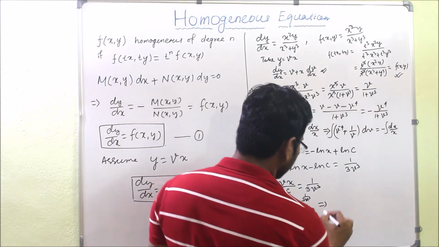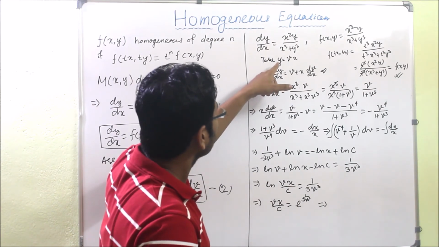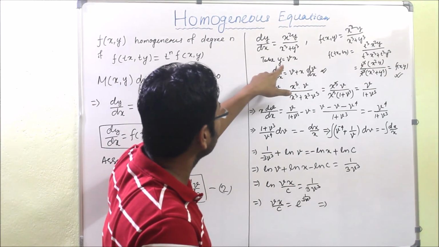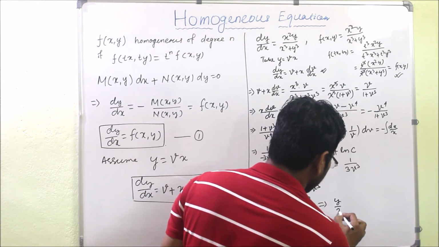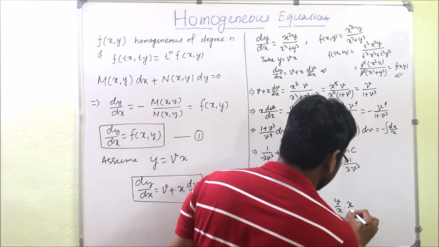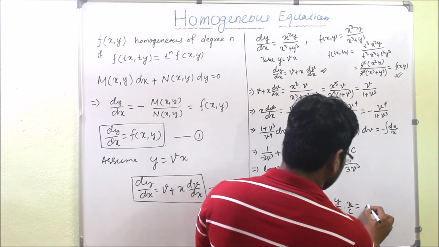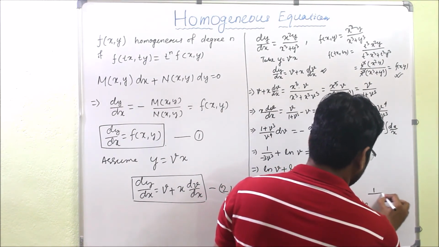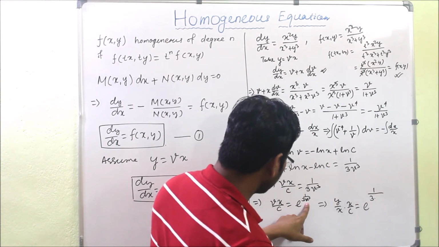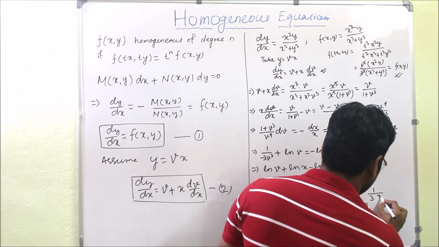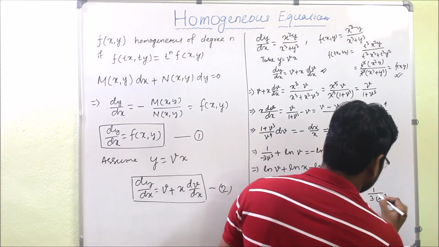Now we know that y equal to vx, so v will be y by x. Now you can write y by x into x by c equal to e to the power 1 by 3 v to the power 3, where v to the power 3 means y by x to the power 3.